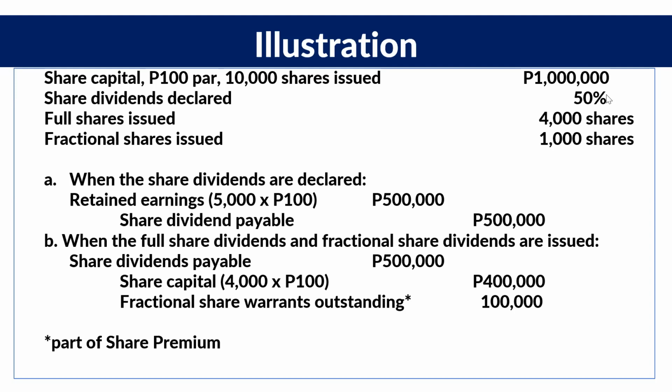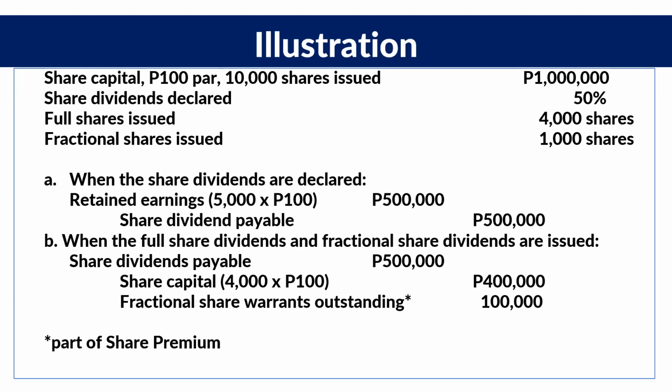So when the full share dividends and fractional share dividends are issued, you're going to debit the share dividends payable at 500,000. And then credit share capital at 400,000. This one is related to the full shares, which we credit to share capital. And then credit fractional share warrants outstanding, the share warrants for the fractional dividends of 1,000 shares.